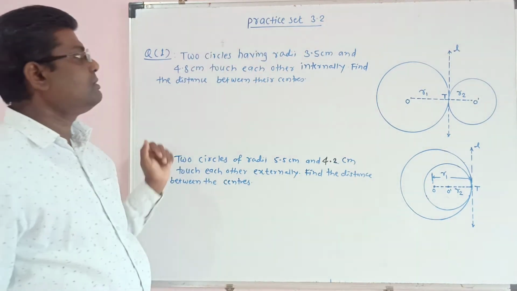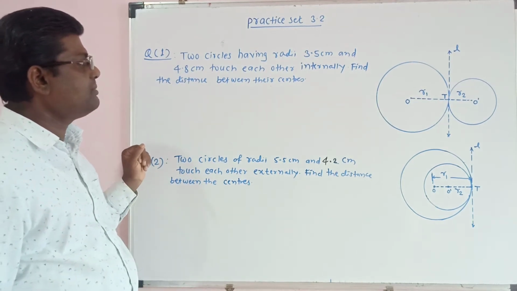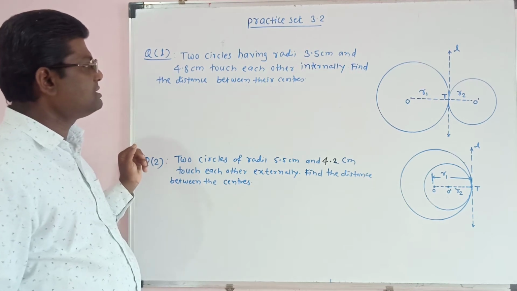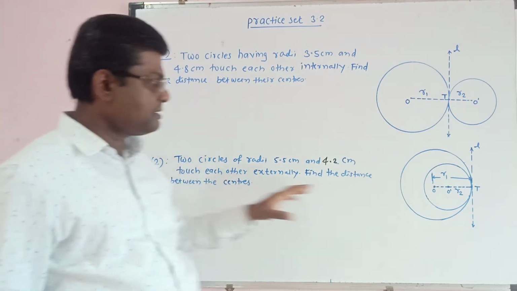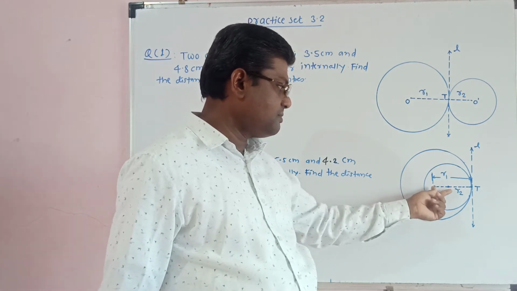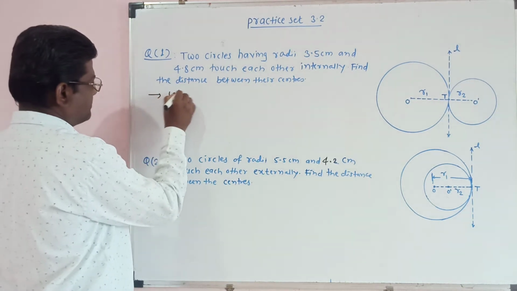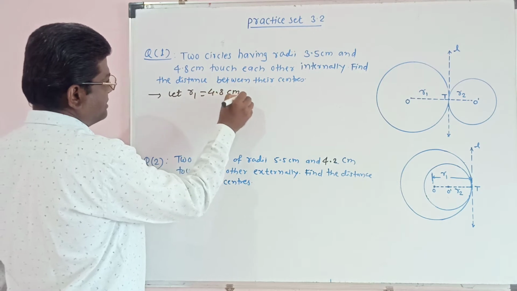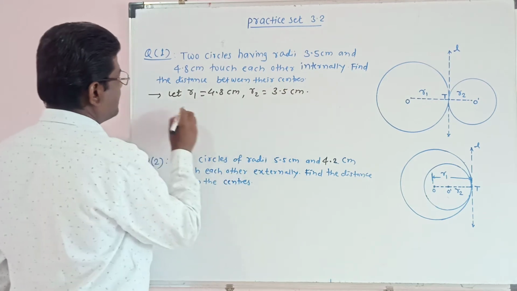Practice set 3.2. Question number 1. Two circles having radii 3.5 cm and 4.8 cm touch each other internally. Find the distance between their centers. These two circles touch internally and we have to find the distance between their centers, O O dash. Let R1 is equal to 4.8 cm, R2 is equal to 3.5 cm.